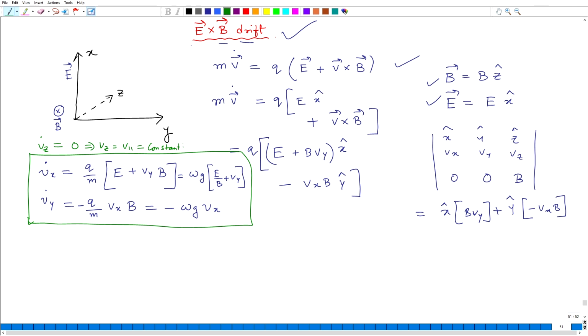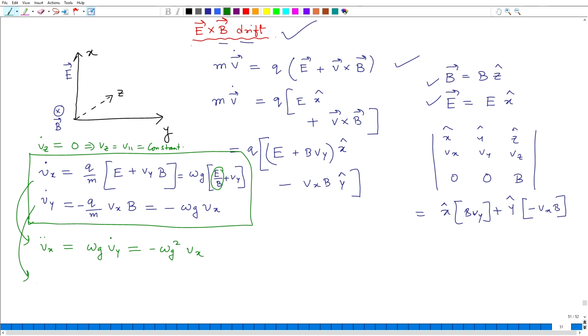Now, I can do something. So, I can take v x double dot will be equal to omega g v y dot, because B is uniform, and since v y dot is this, I can actually have minus omega g square v x.